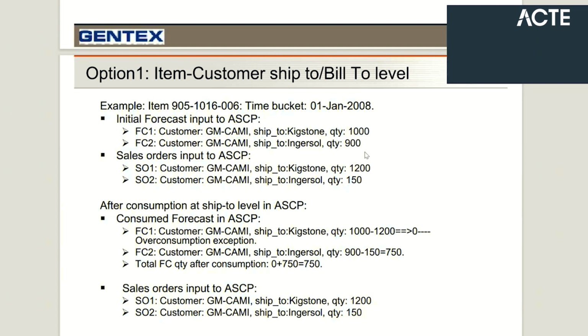So initially the forecast is 1000 only, but when you are writing the sales order, you had sold 1200. Now here you are selling it. Your forecast is 900 only, but originally you are going through only 150 sales you completed.